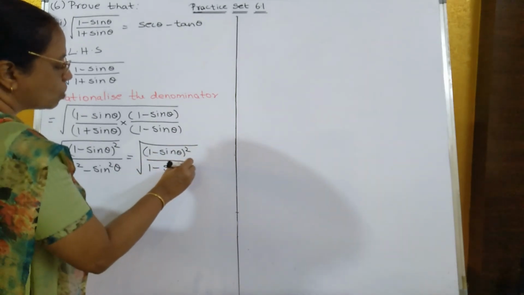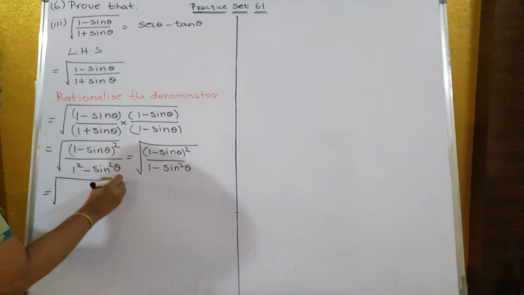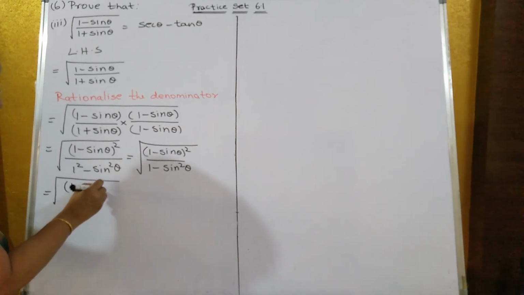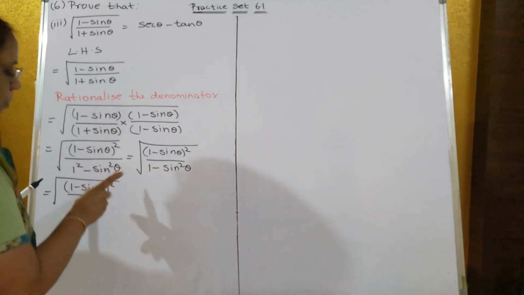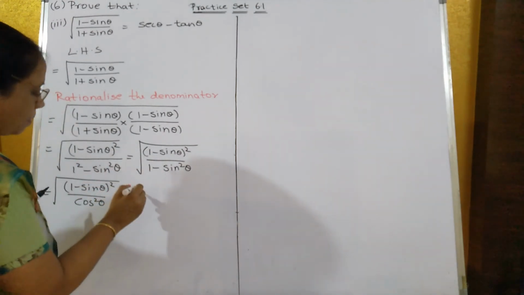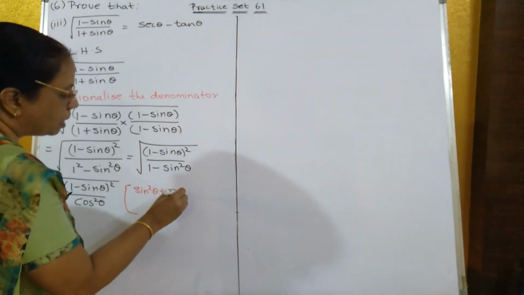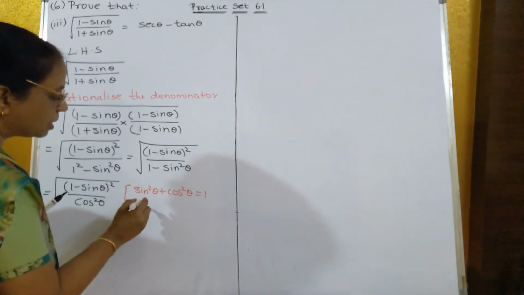Now what is 1 minus sin square theta? 1 minus sin square theta is cos square theta. We have studied that sin square theta plus cos square theta is equal to 1. So take the sin square theta on the other side. What you will get?